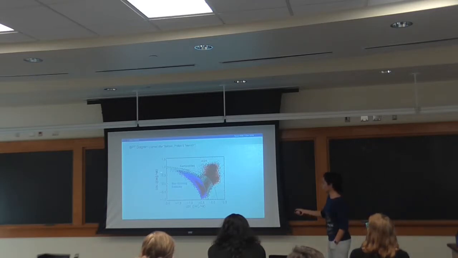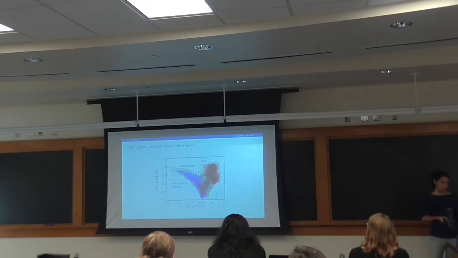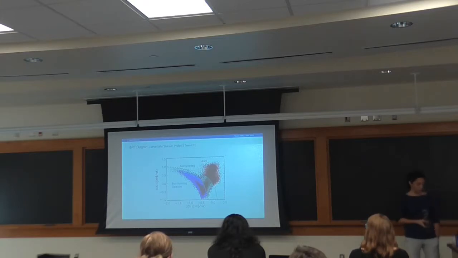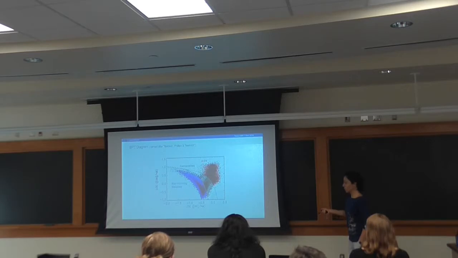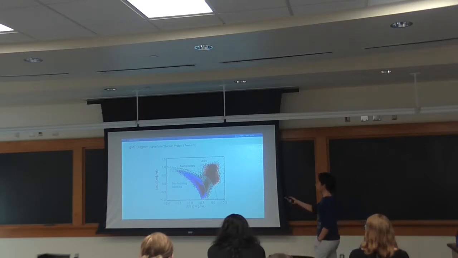Here is O3 over H beta and N2 over H alpha, to distinguish the ionization mechanism of the nebular gas: whether the gas is ionized by the UV photons from stars in star-forming galaxies, or is ionized by harder radiation coming from an AGN. So these data points here are from a local survey, SDSS, the Sloan survey.